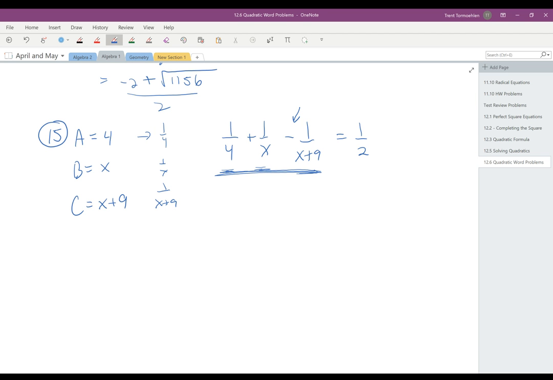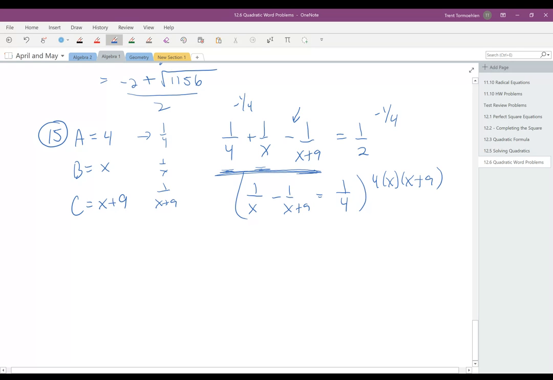So now we have an equation we can solve. Let's go ahead and subtract the 1/4 to begin with. So we get 1/2 minus 1/4 equals 1/4. Then we multiply through by 4 times x plus 9, just clearing out those denominators.